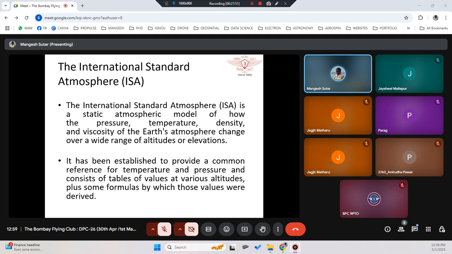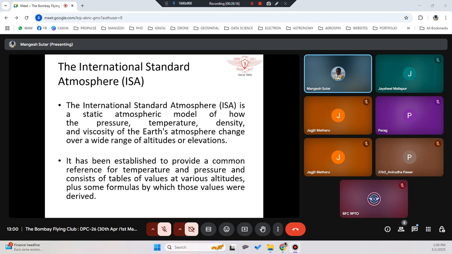No. So let's proceed. International standard atmosphere. The international standard atmosphere is a static atmospheric model of how the pressure, temperature, density, and viscosity of Earth's atmosphere change over a wide range of altitude and elevation. This study has created a reference table.